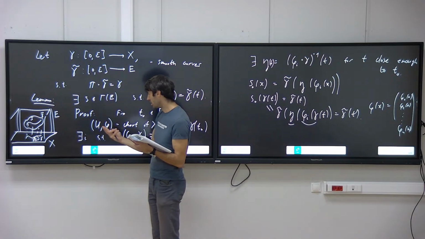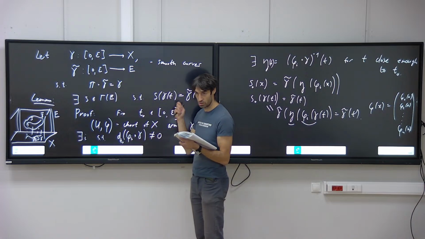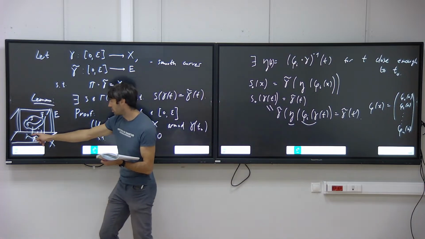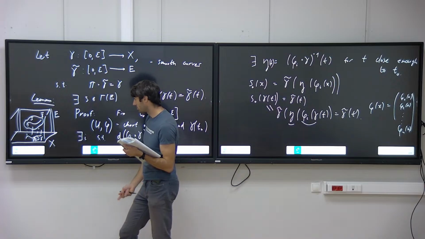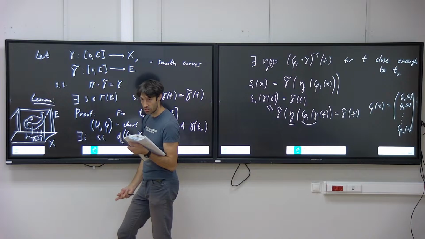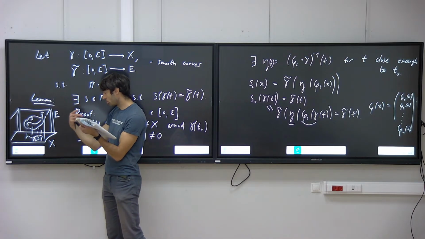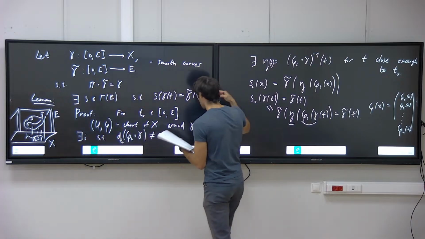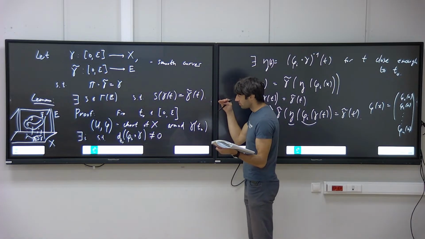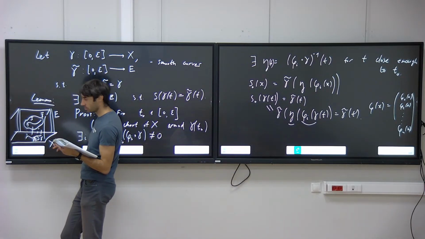So I have finite constructions like this for a finite number of t0s, covering the whole gamma, and then I use a partition of unity for this finite cover, and this will glue all these S zeros together, and this will give me a local section around gamma.